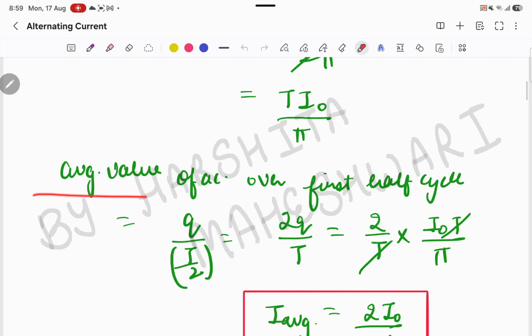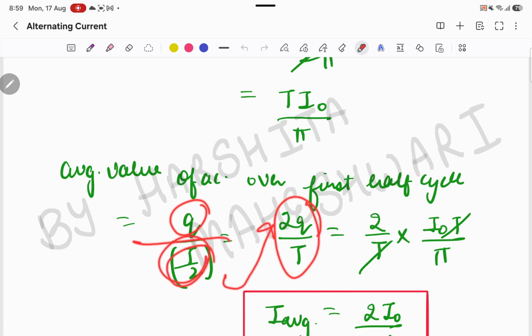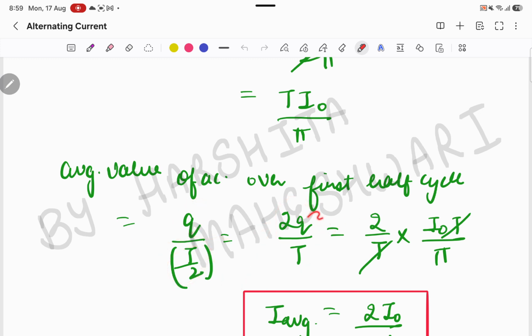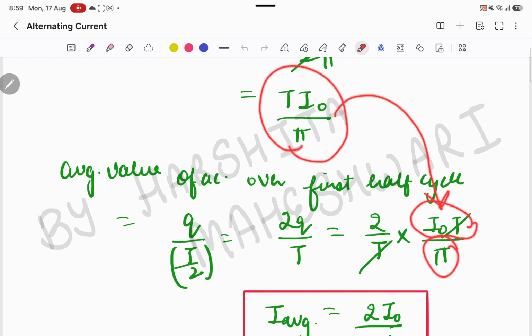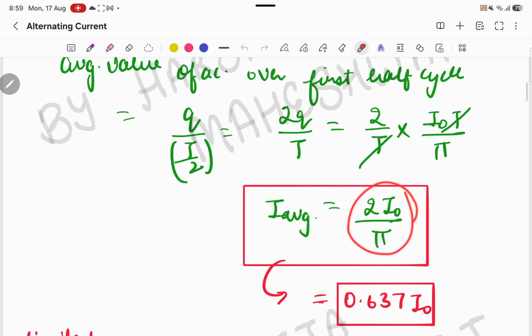Now to calculate the average value of the alternating current over the first half cycle, we will do q by t. T will now be T by 2. So we get the formula 2q by T, and putting the value of q as we derived from the first part, that is I naught into capital T by pi, we cancel capital T and get the formula 2 I naught by pi.